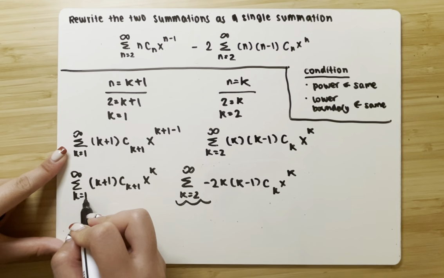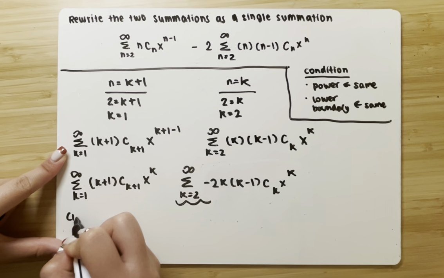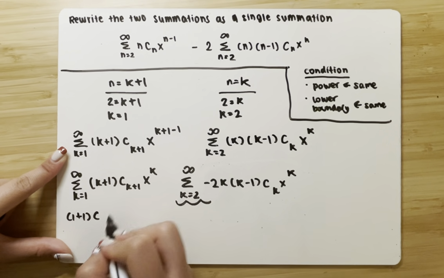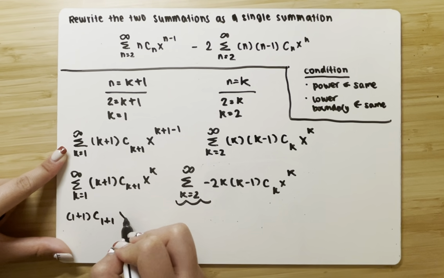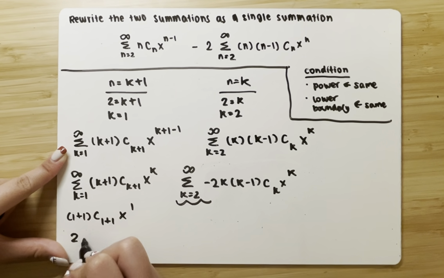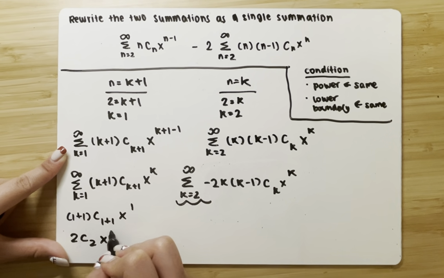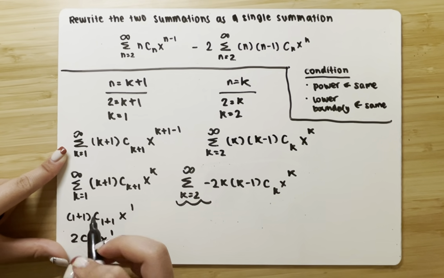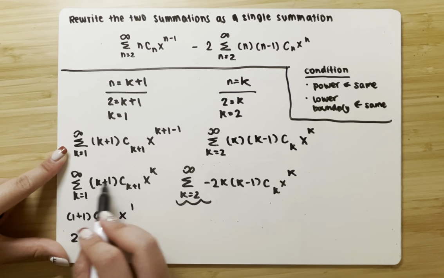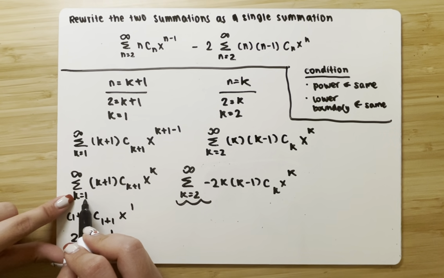So if you substitute k equals 1 into this, you have 1 plus 1, c sub 1 plus 1, x to the first power. So you have 2c sub 2, x to the first power, plus, you want to add this, but now change this 1 to a 2.